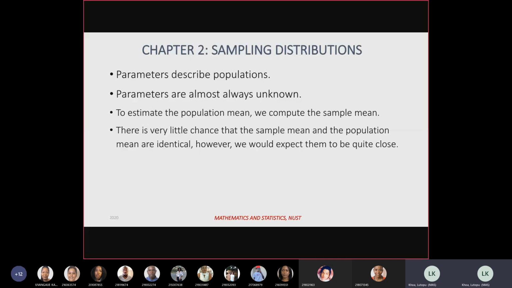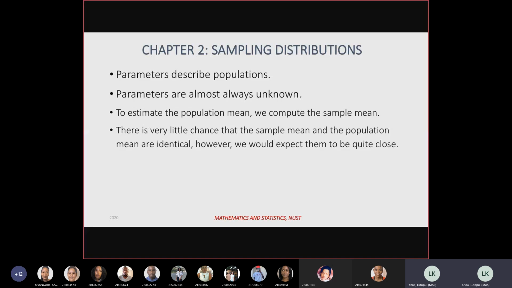So remember, last week we said, why do we sample if the data is not 100% accurate? Okay, so we said we sample so that we get statistics, and then from these statistics we will have an estimation of what is happening in the population.